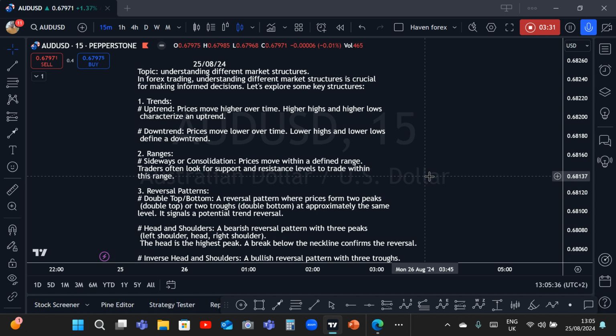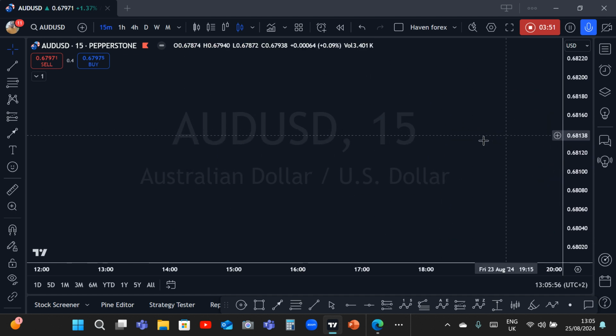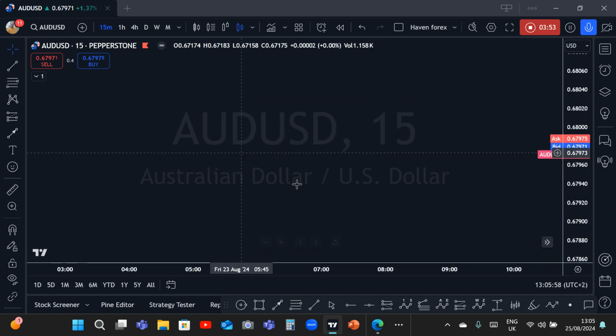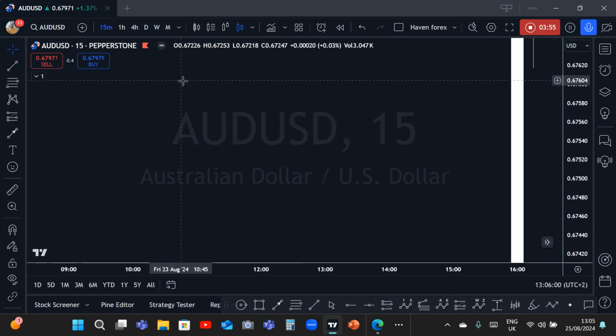Anytime you see a move, let's say for example there is a bullish trend, an uptrend, you see a major move. Let me just show us this here fast.